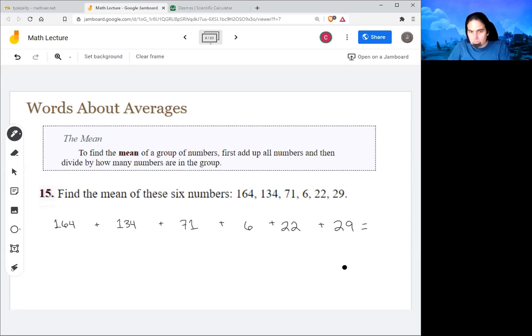Let's see, 164... 426. Oops, pen is... Everyone get the same thing?